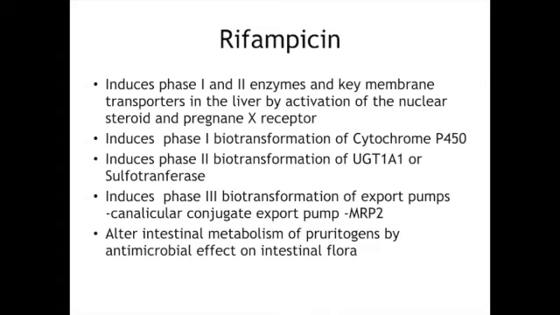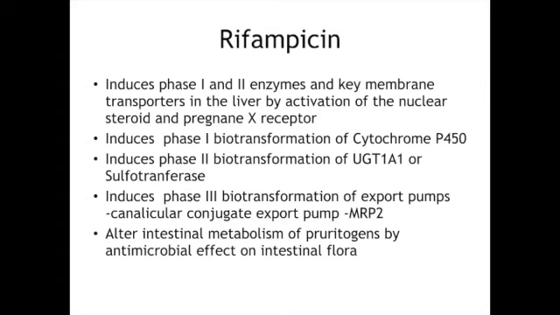Another wonder drug used in the treatment of pruritus is rifampicin because it induces phase 1, 2, 3 transformation of most of these intrahepatic enzymes, including the cytochrome P450 or UGT1A1, or even the MRP2, the canalicular conjugate export protein, that is actually induced by rifampicin.